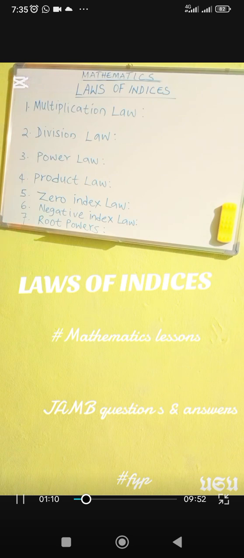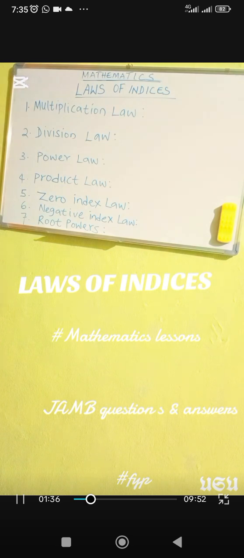So the 7 laws of indices are multiplication law, division law, power law, product law, zero index law, negative index law, and root power law. These laws are principles that guide the calculation of indices.